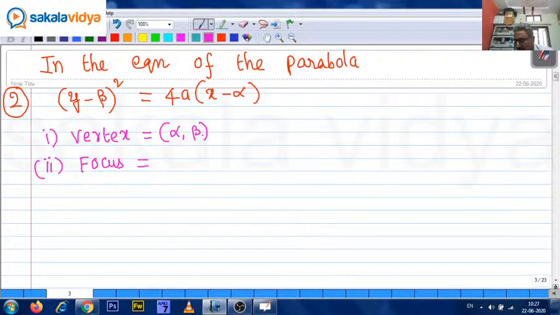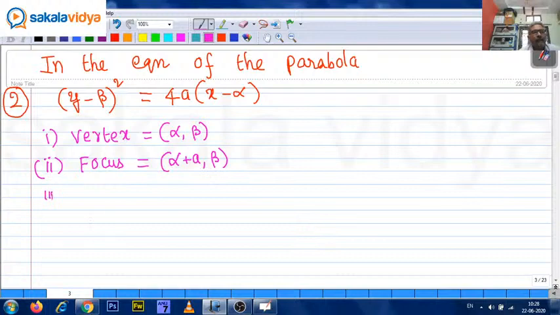The focus of y square is equal to 4ax is a comma 0. Add alpha comma beta to the a comma 0. That's all. So that means the focus will be like this: alpha plus a comma beta. Not 0. Right.